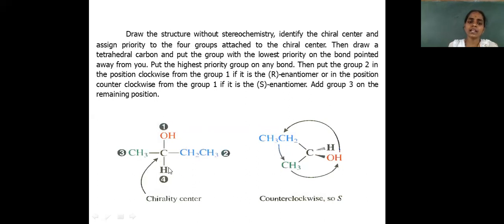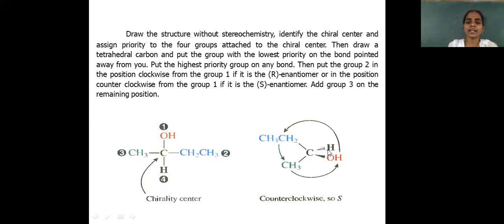So the least priority is hydrogen. If we number them first, second, third, fourth, it shows a clockwise direction, which gives the R configuration.